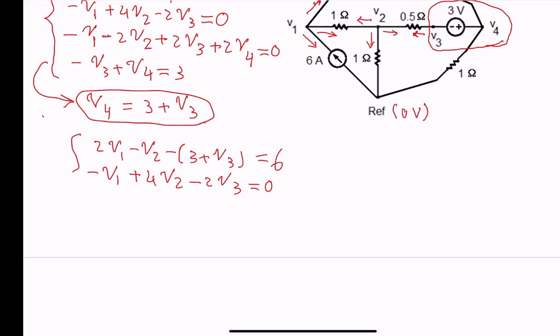That doesn't change. And the last equation, or third equation, negative v1 minus 2v2 plus 2v3, and here we get plus 2 times 3 plus v3 equal to 0.